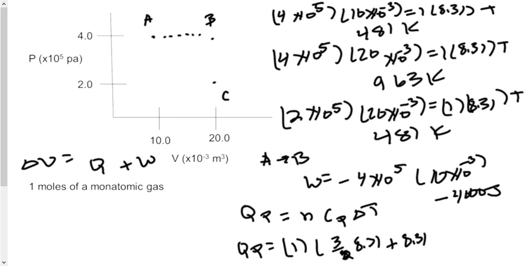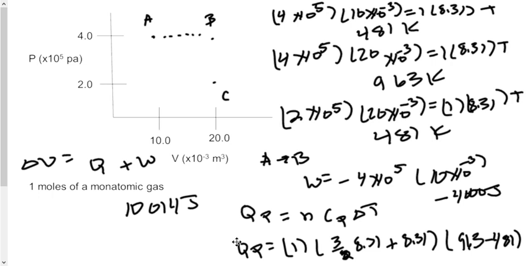Okay, and I'll finish that parenthesis there. And then we need to multiply that by the change in temperature. Well, it's 963 minus 481. And what does that end up equaling? Well, it's equal to 10,014 joules. I'll write that over here since I'm out of space. So 10,014 joules. And that's positive because our temperature has increased.